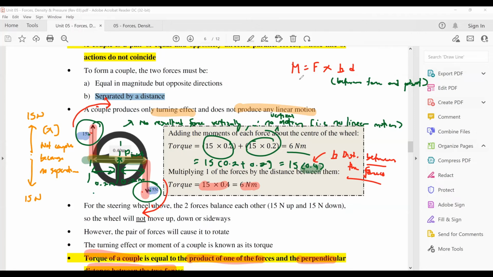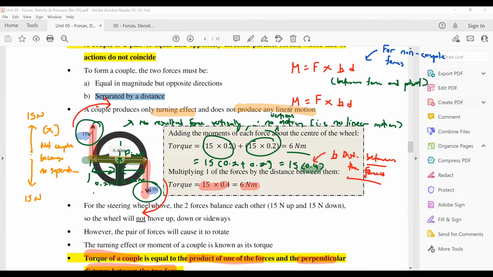That's why now you see that there's some duplication in the equation. This one is force times perpendicular distance. The one that you learned before this, moment is equal to force times perpendicular distance. This one is for non-couple forces.